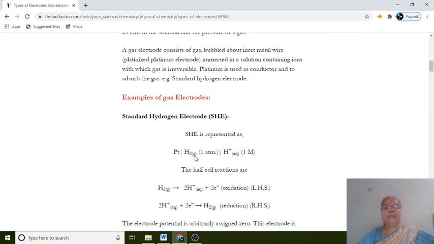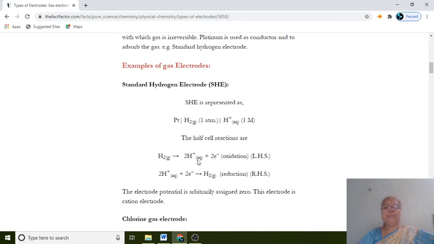The g indicates H2 is a gas, and in brackets is its pressure. Then a vertical line, and here H plus ions in aqueous medium, and in brackets there is the concentration of H plus ions.